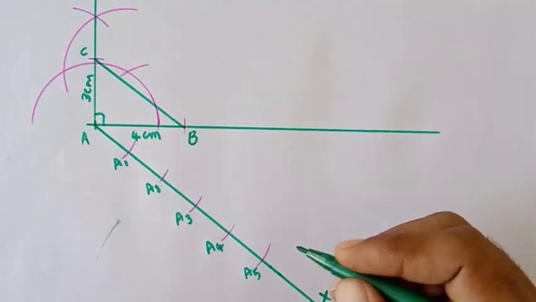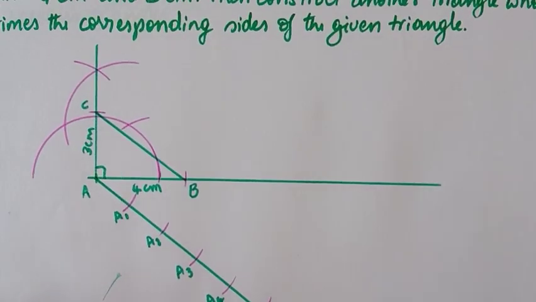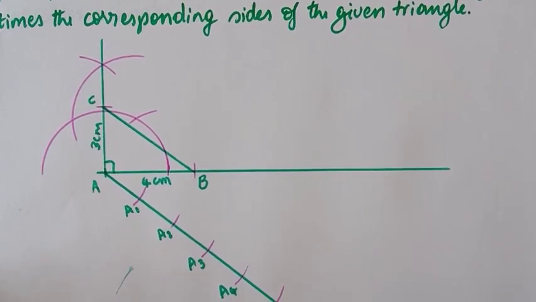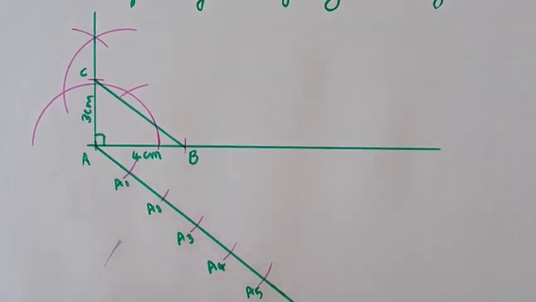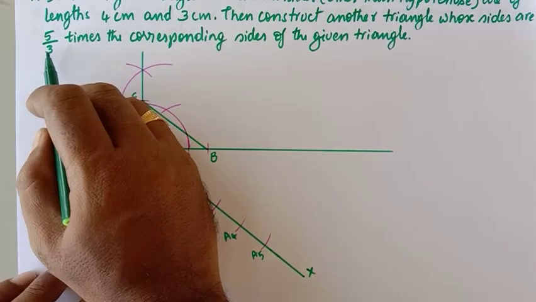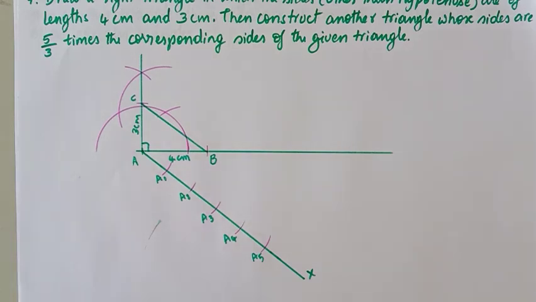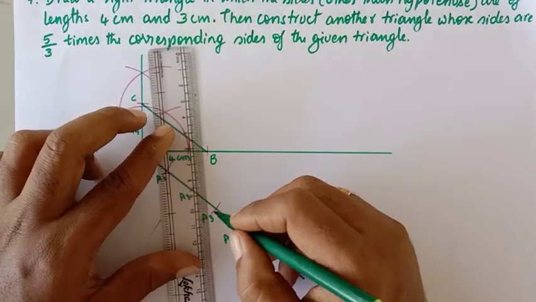As the denominator here is 3, I will join A3 with B.